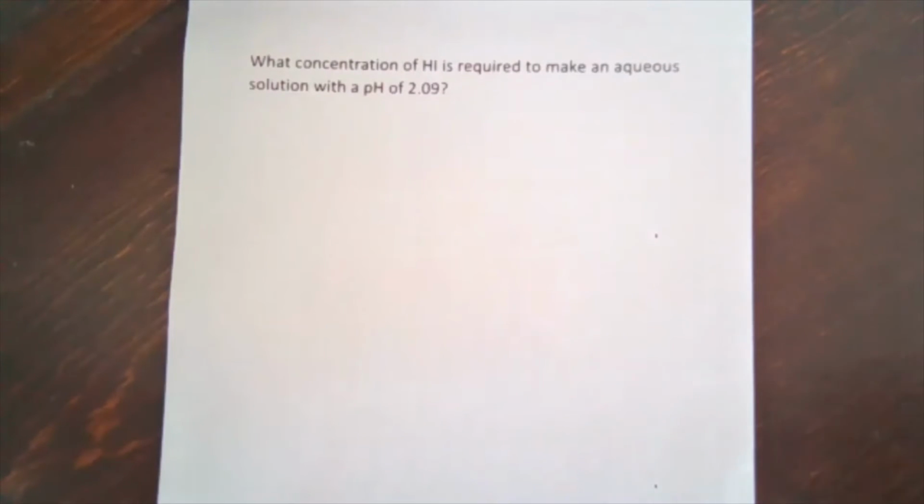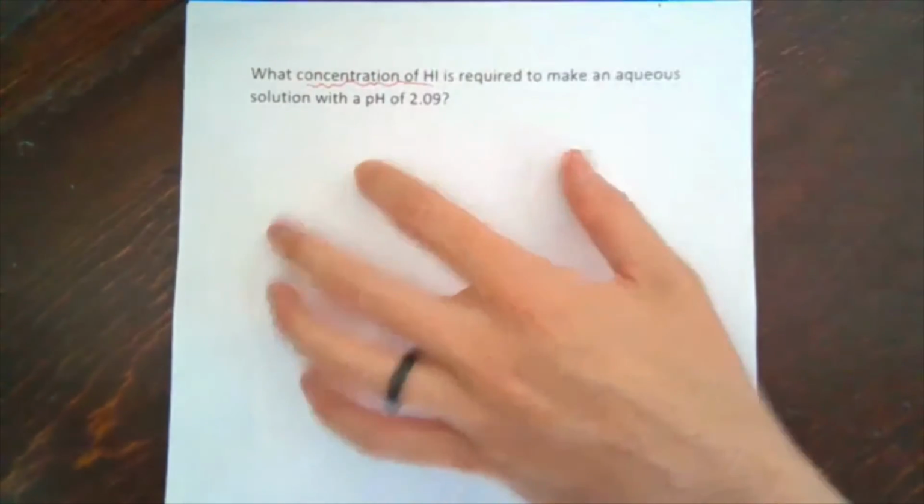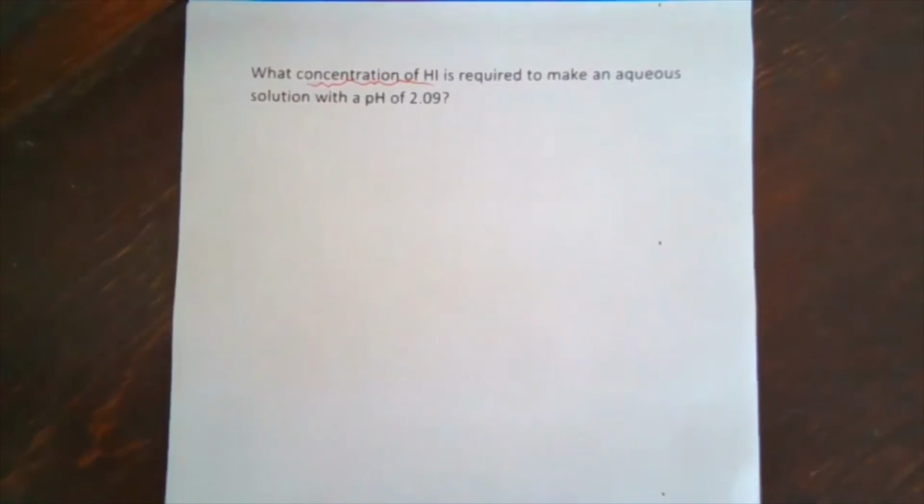All right, what concentration of HI, so hydroiodic acid, is required to make an aqueous solution with a pH of 2.09? So similar idea to what we saw previously. I have an acid I'm going to use, hydroiodic, and I want a target pH. So the question is, what concentration do I need in order to reach my target pH?